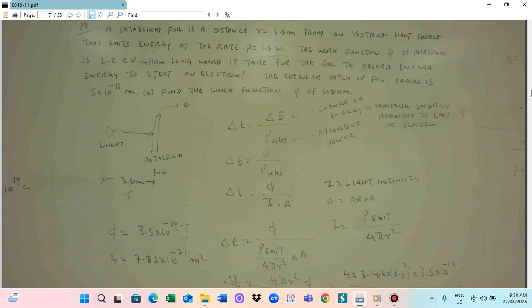So delta E is the minimum energy required, which is phi. So delta T can be calculated: delta T is equal to phi divided by P absorbed.